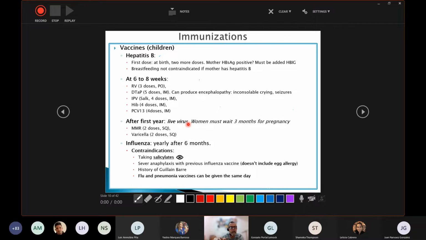It's not going to work. The virus needs to be alive to trigger immunity in the vaccinated person. But then the antibodies of the mother that are still present until the first year of age are going to kill the virus, so the vaccine is not going to work. That's why those vaccines need to be given after the year of age, and this is tested.